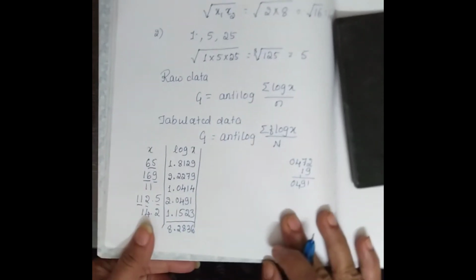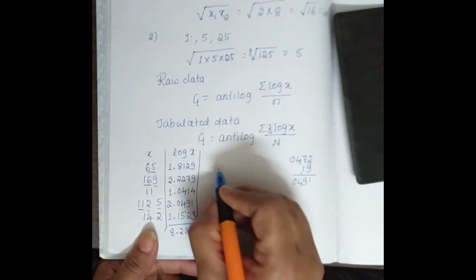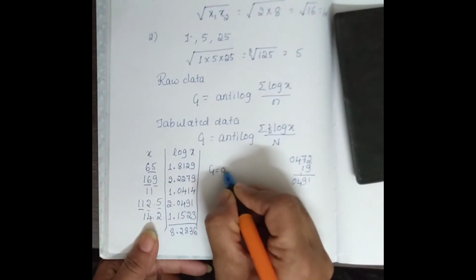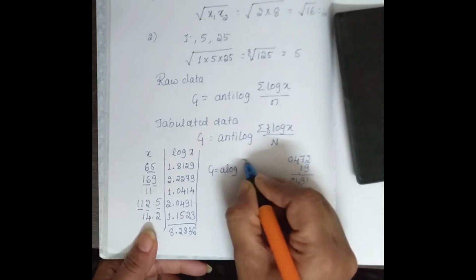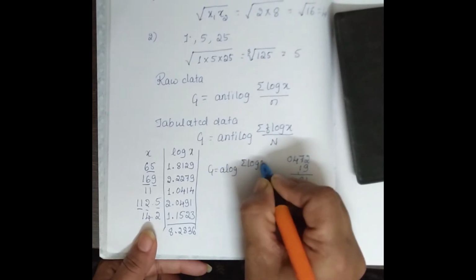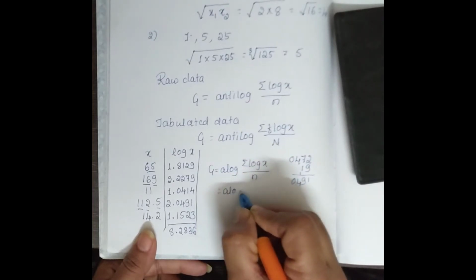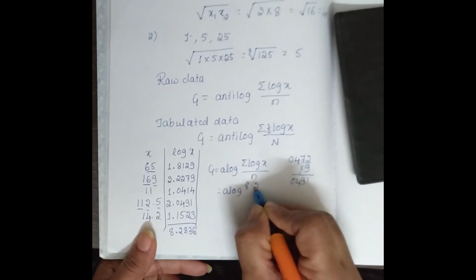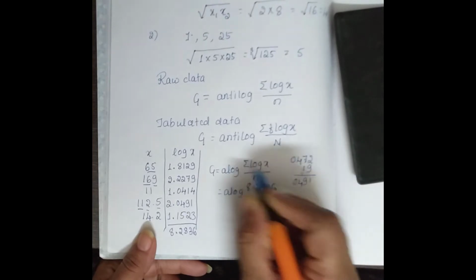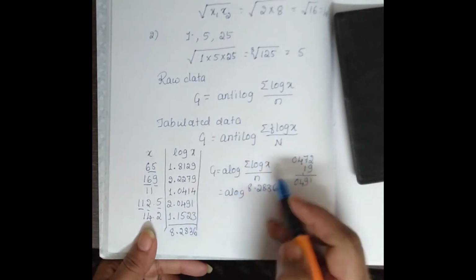Then we will substitute it in the formula, that is G is equal to antilog of summation of log x divided by n, small n. Antilog of this 8.2836 divided by 1, 2, 3, 4, 5.